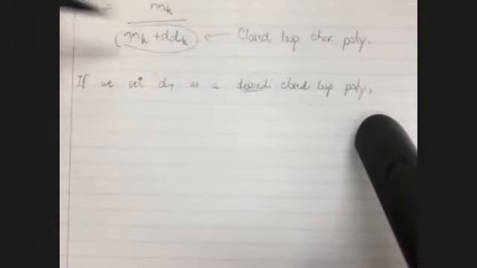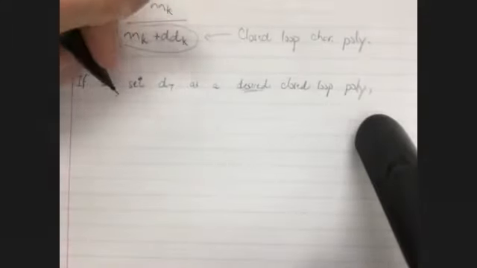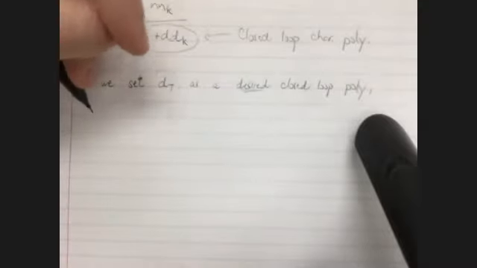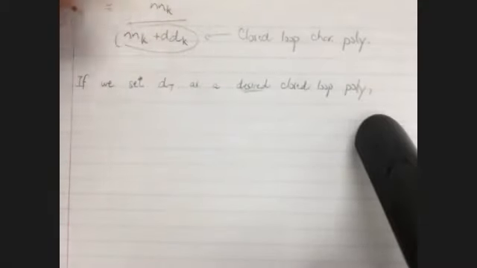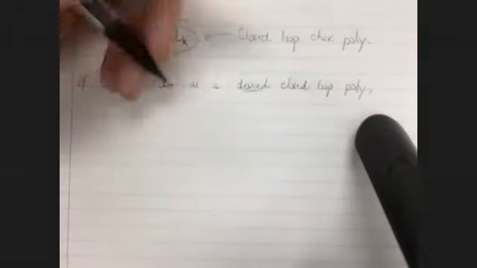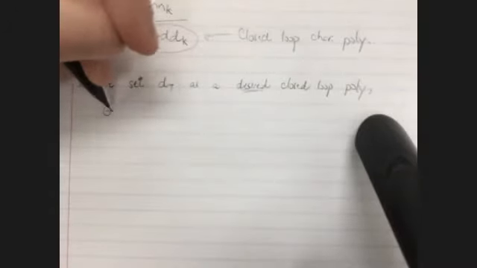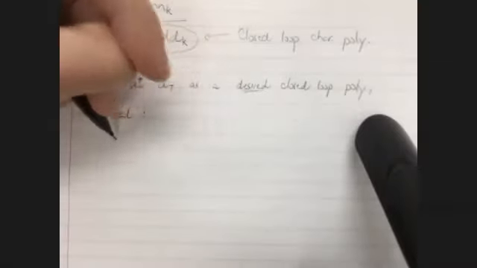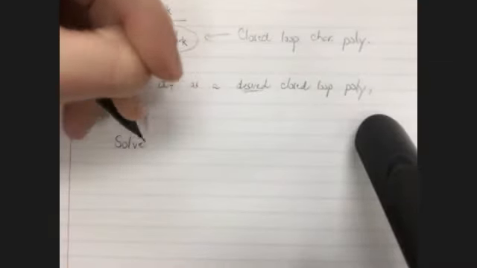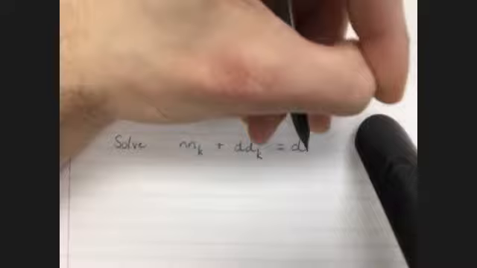Basically, if DT is the polynomial that has the behavior that you want, then we can say the following, and write it this way. Our goal becomes to solve N NK plus D DK equal DT.